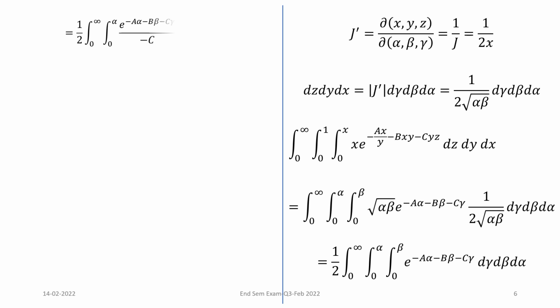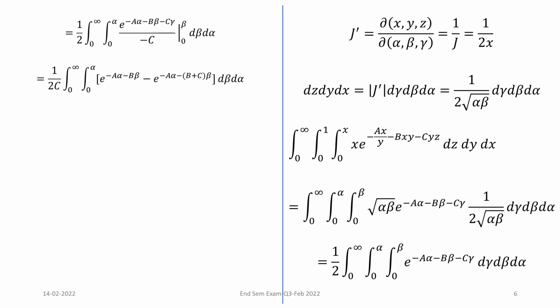So by integrating with respect to gamma, we get e to the power minus a alpha minus b beta minus c gamma upon minus c, and the limit will be 0 to beta. So by integrating, this we get the result.